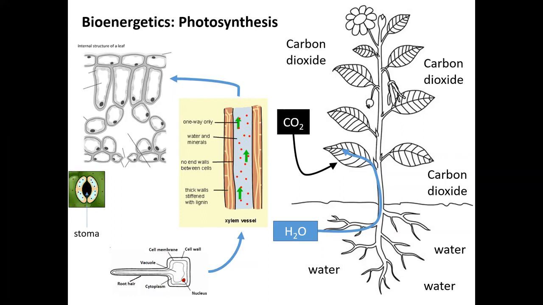So the carbon dioxide diffuses through the stoma, through the spongy mesophyll layer, into the palisade cells and into the chloroplasts, as we can see there. Notice with the spongy mesophyll layer, there are these air spaces, and those air spaces allow the carbon dioxide to diffuse more easily to the palisade cells.